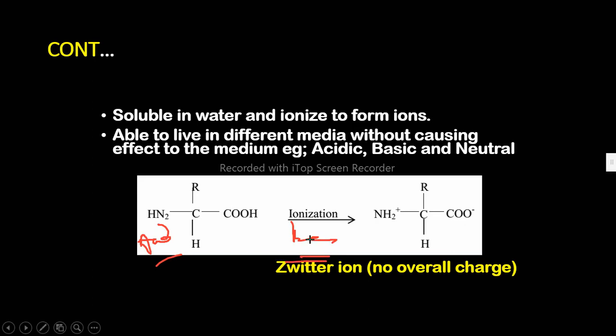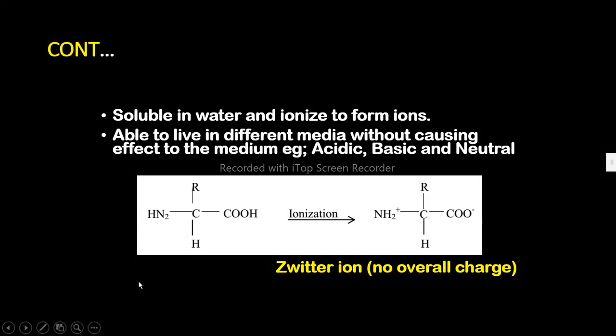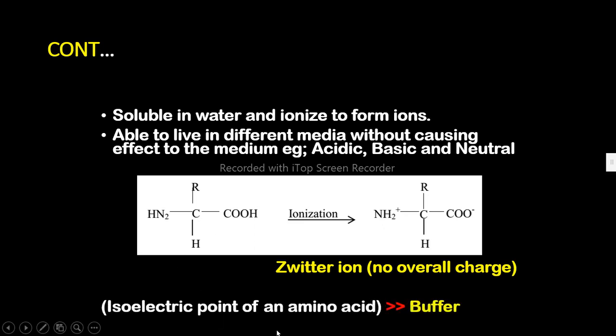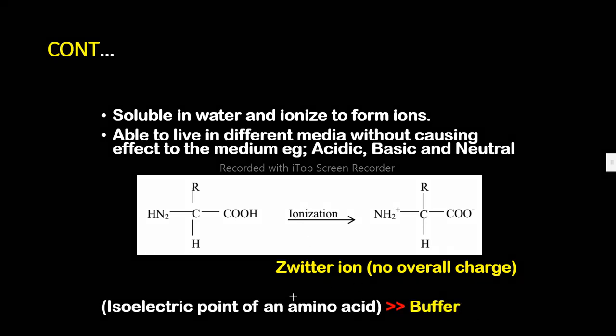Okay? Totally different. Not so? Yes. So it has that ability to exist in this state. So that point where they are equal, we call it the isoelectric point of an amino acid, and it is good in buffer systems.